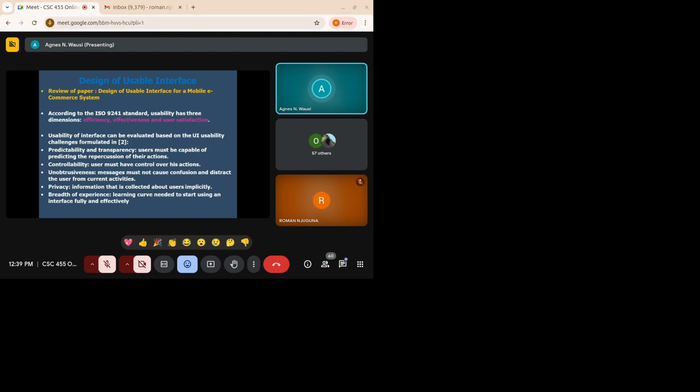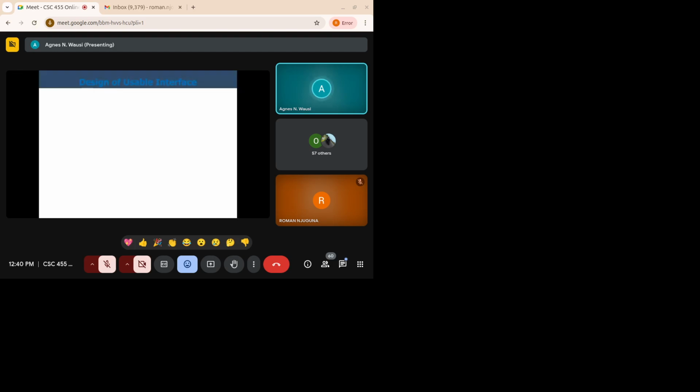Remember, we mentioned in class that a lot of us are never taught how to use an app. When we download it, somehow we use our existing knowledge to use the interface, so we should be able to reuse the knowledge the user already has.